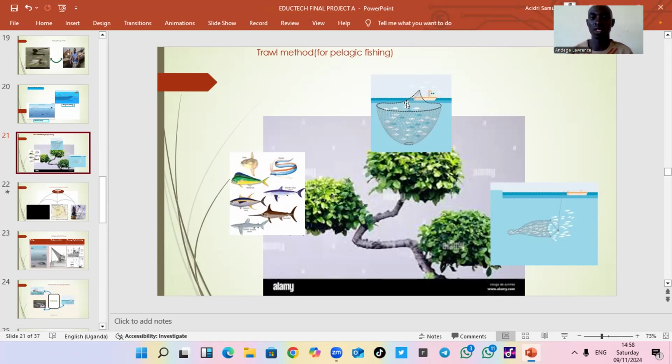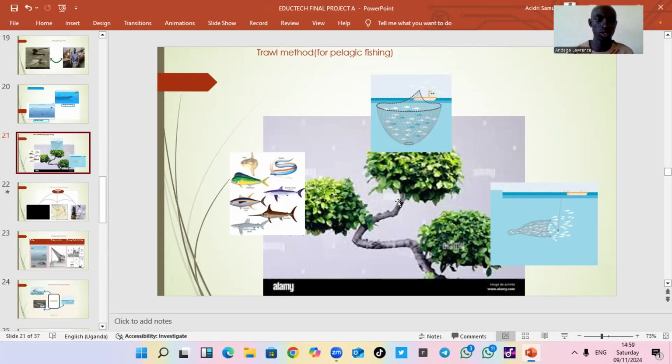Because the fish try to enter there, they are later caught. So it is another method. You can see the picture here. These visual aids in form of pictures are very, very vital.